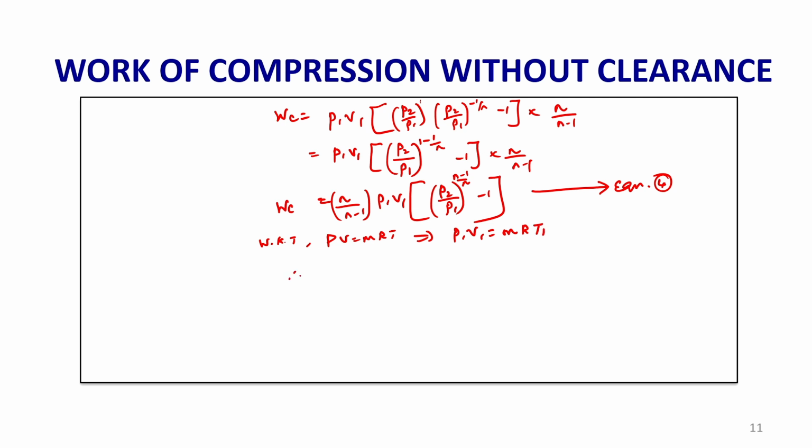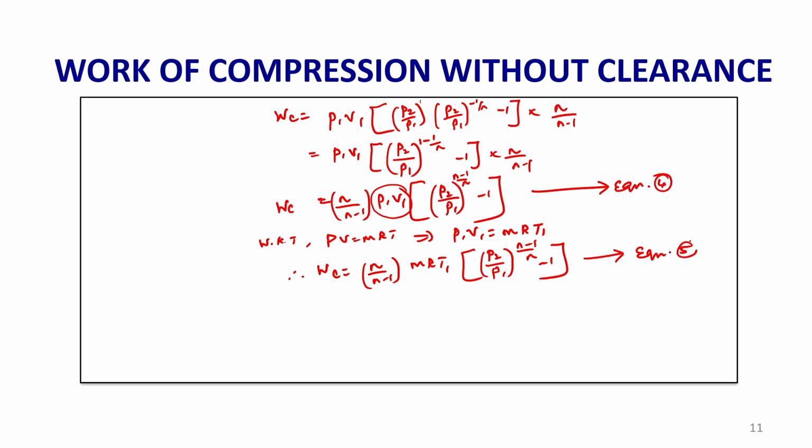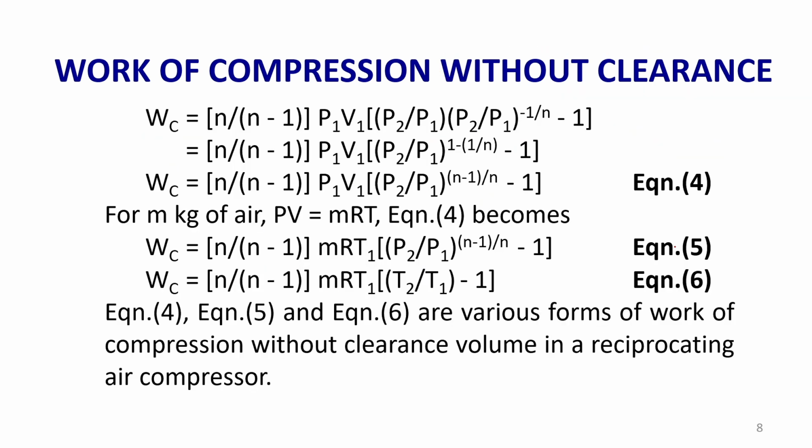So, now therefore, WC is equal to n by n minus 1 MRT1. I will replace only this term, the other terms will remain the same, P2 by P1 whole power n minus 1 by n minus 1. So, this will be equation number 5.